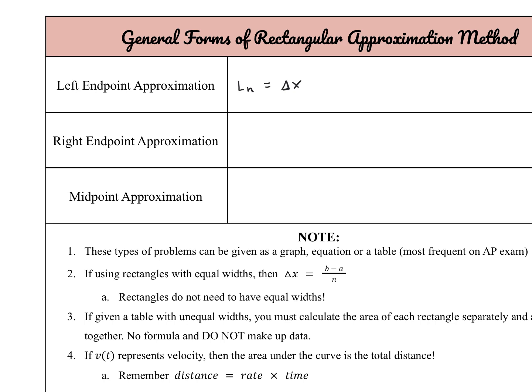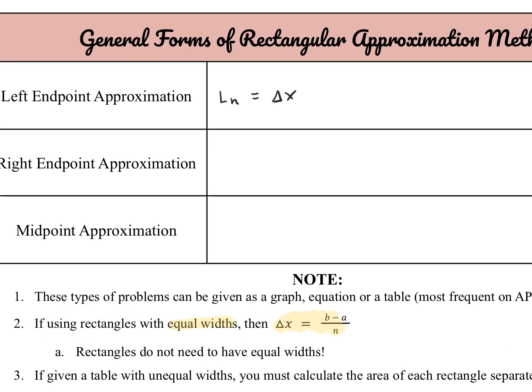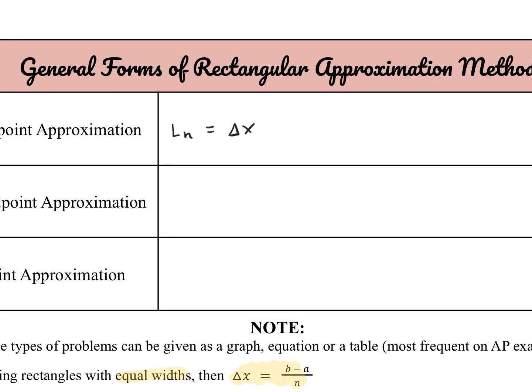And just note that if they are equal widths, we could just do b minus a over n, where b is the right boundary, a is the front boundary, and n is the number of rectangles. So we did delta x, and then we multiplied it by the individual heights.